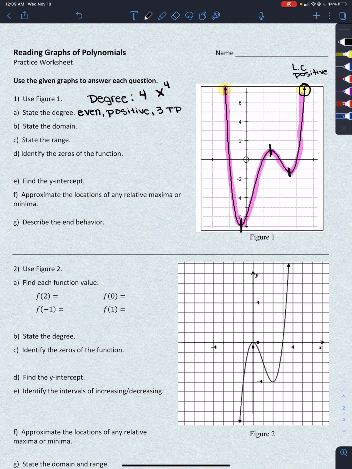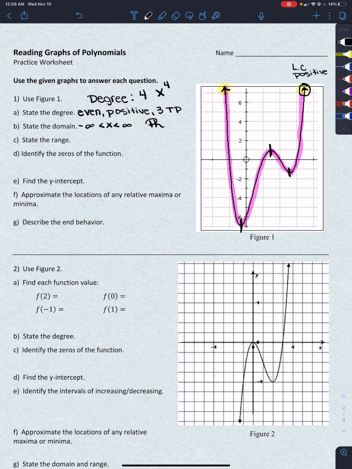State the domain. Well, since there are arrows at both ends, the domain is going to be x is between negative infinity and positive infinity. Or as a shortcut, we can write all real numbers.